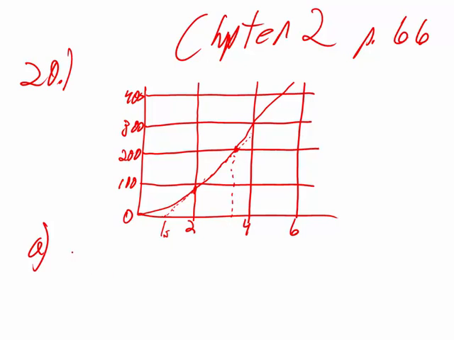So if you remember that velocity is equal to the change in displacement over the change in time, well, what's our change in displacement? The final would be 200. So we got 200 minus 0 meters divided by 3.5 seconds minus 1 second.